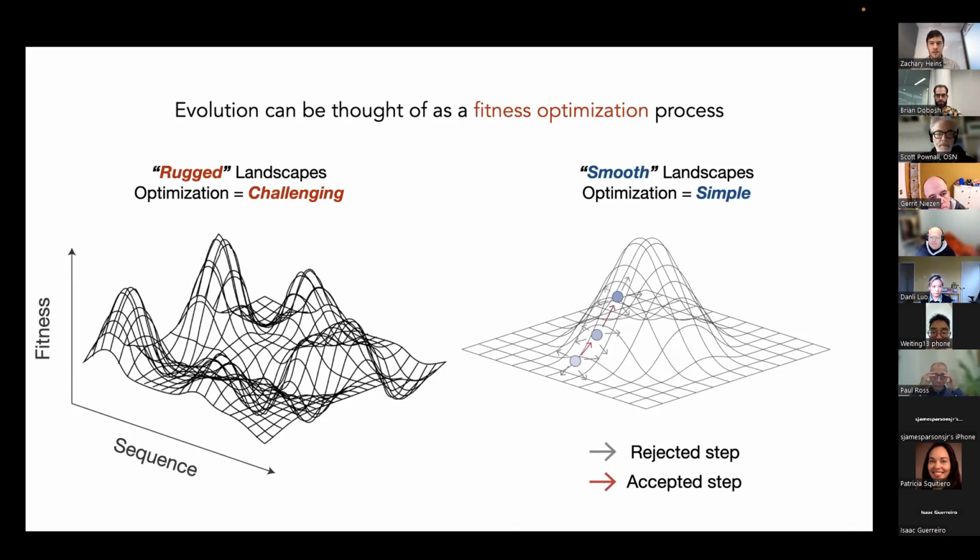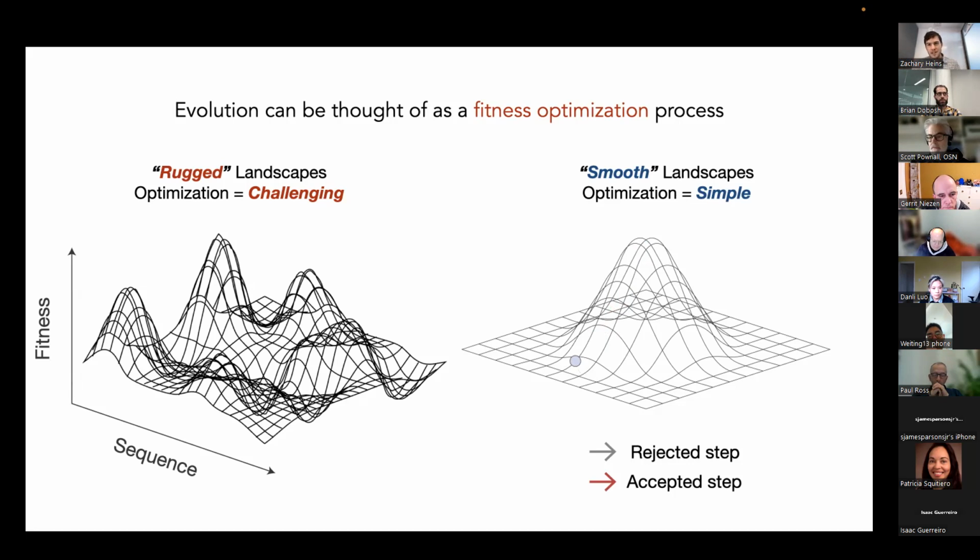You can think of it as a fitness optimization process where, if you think of sequence on your X and Y axis and fitness at the Z, what you can do is sample around a certain point, find something that has a higher fitness, and use that as your starting position for the next round of sampling around that space. You just keep moving until you find a solution to your problem, whatever new behavior you want.